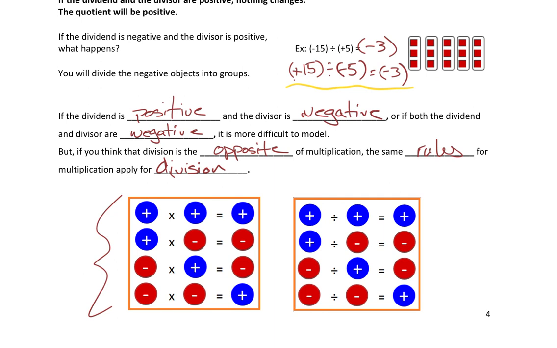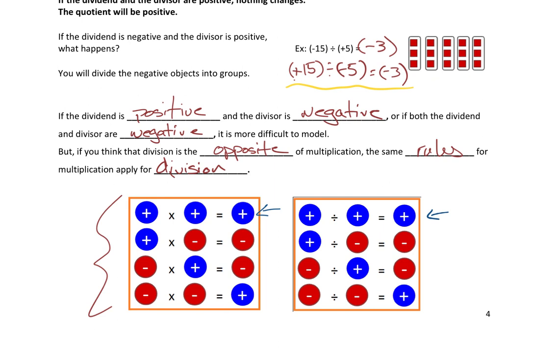So a positive times a positive in this first row equals a positive. And we have the same thing for a division question. A positive divided by a positive gives us a positive.